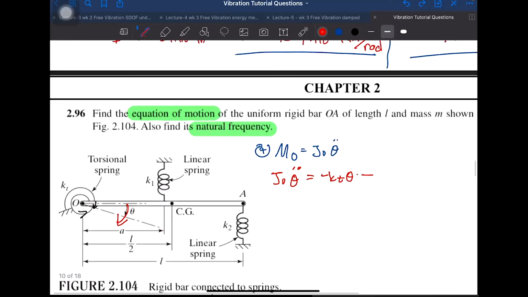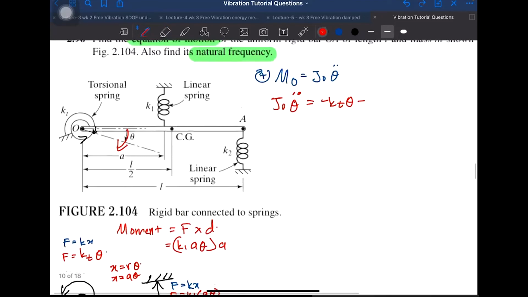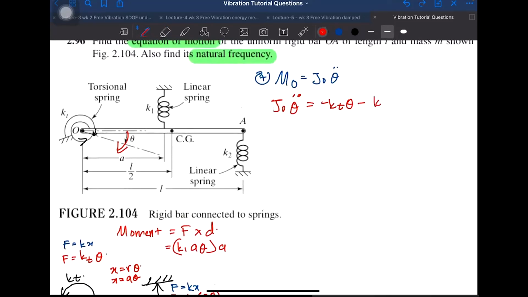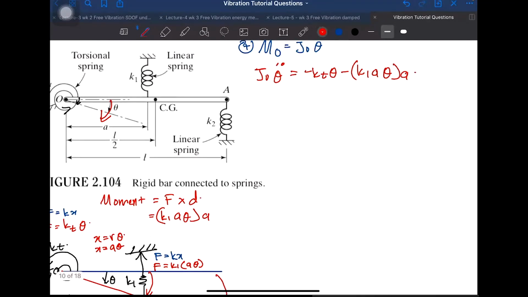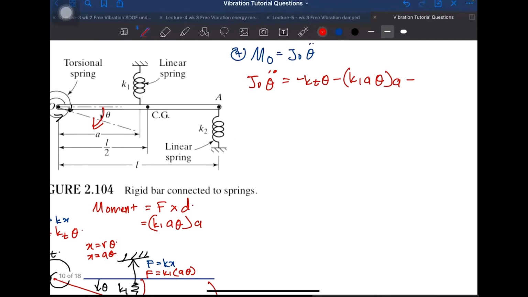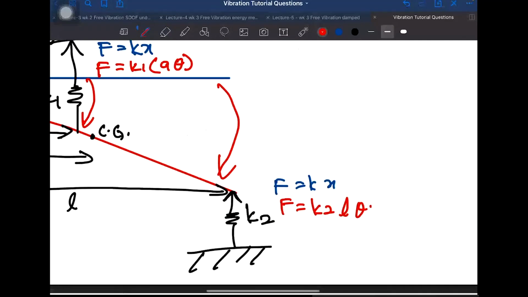So it will also be negative: negative force times distance. The force is K1A theta times the distance A. Then minus, sorry, the next force is K2, the force from the spring K2, which is K2L theta.